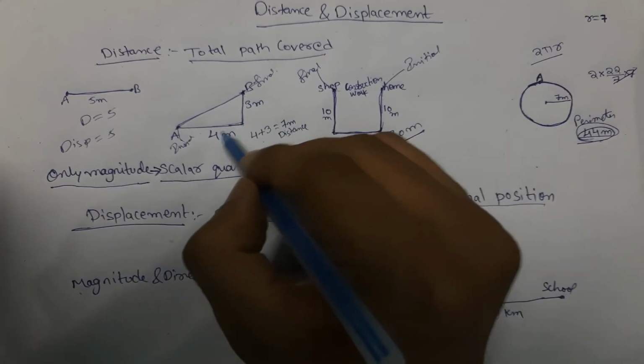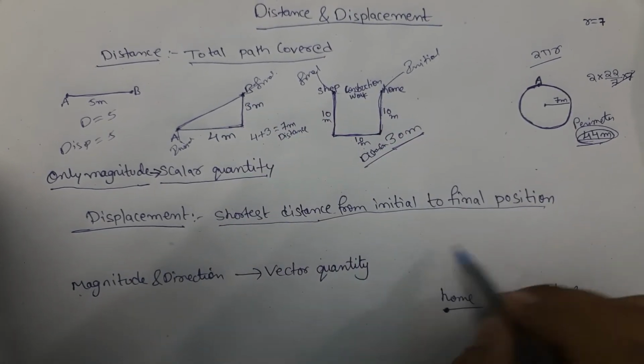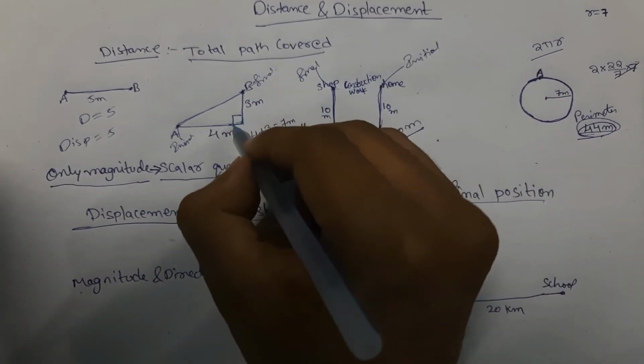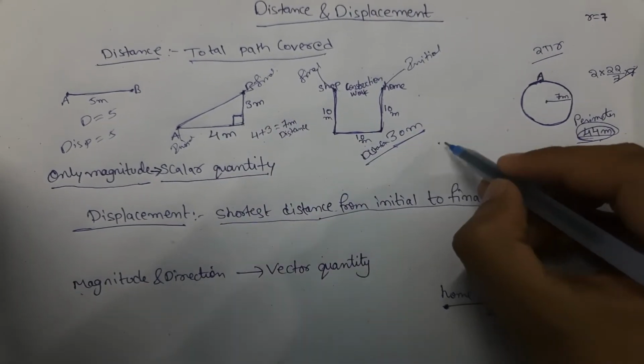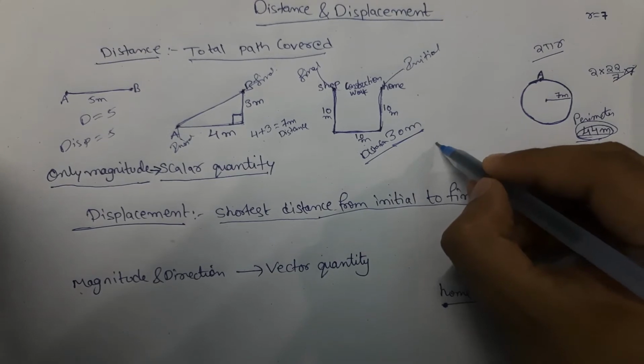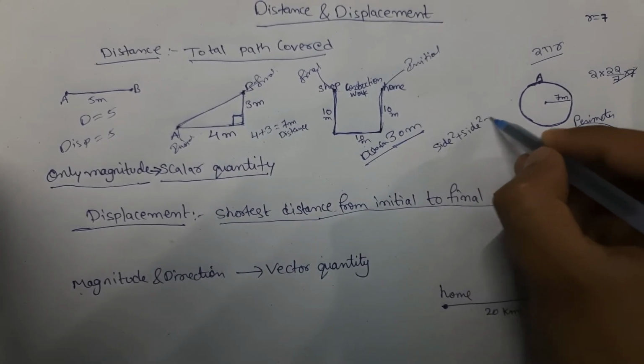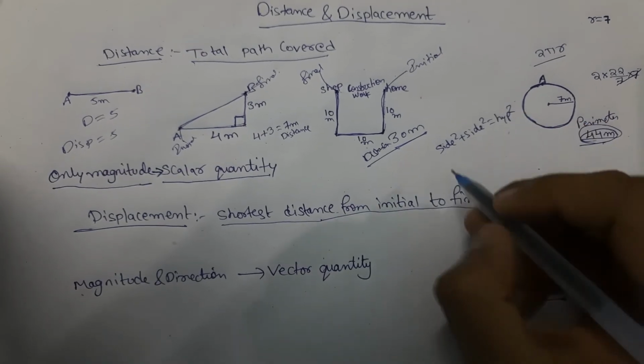To know this, we will use the Pythagoras theorem. What is the Pythagoras theorem? Because it is a right angle triangle, side square plus side square is equal to hypotenuse square.